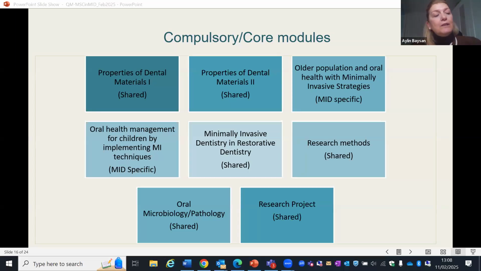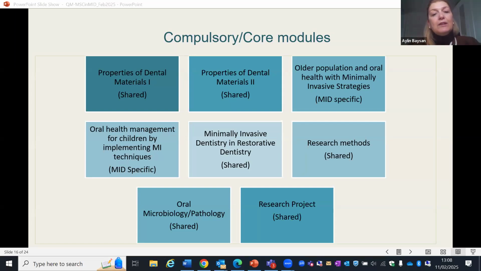But due to safeguarding issues and so on, currently we don't have patient treatment for children, but you have patient treatment for the older population and MID for the young population as well, above 16. So this is again a very unique opportunity, that you have overall care of different specialties.